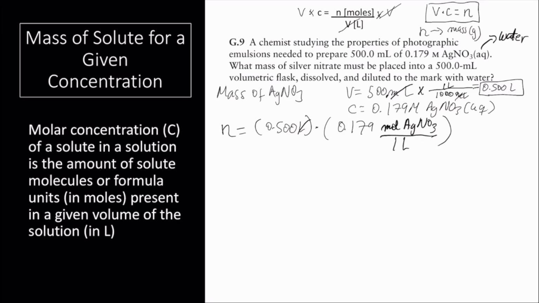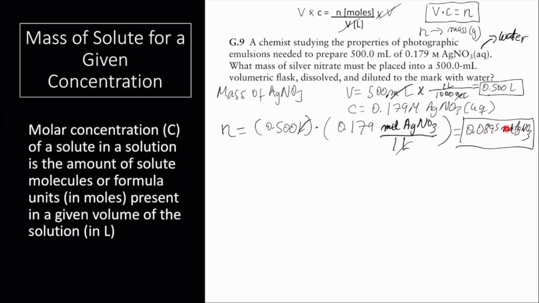So liter goes away with liters, and we're left with number of moles. So multiplying 0.500 times 0.179, we get 0.0895 moles of silver nitrate. And remember that the final answer must have three significant figures, because both of these factors have three significant figures.